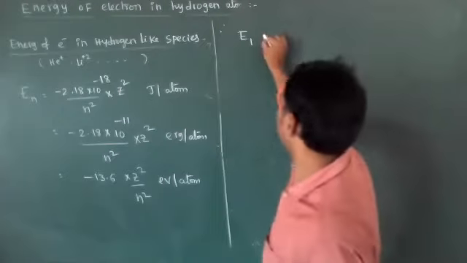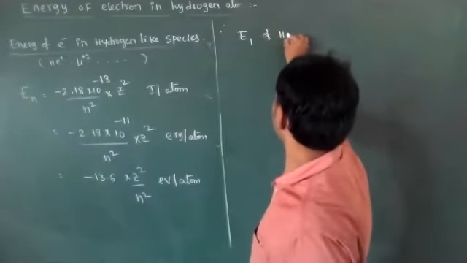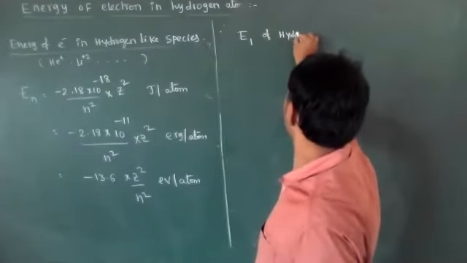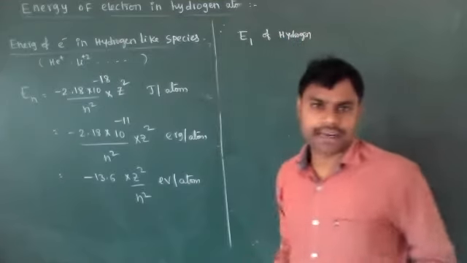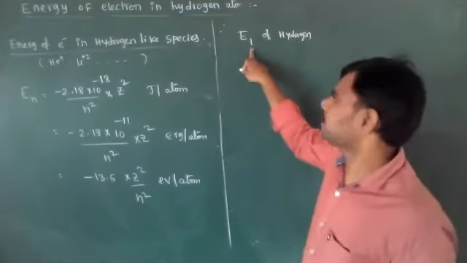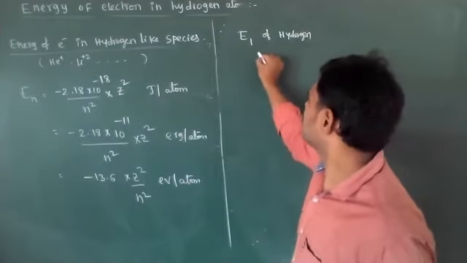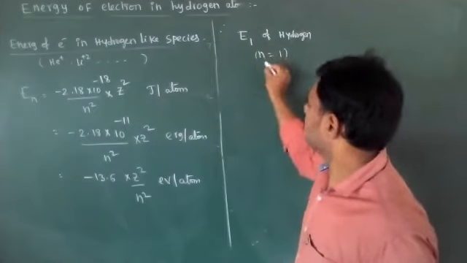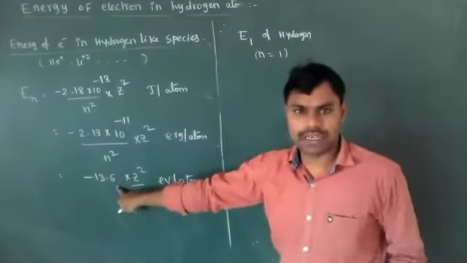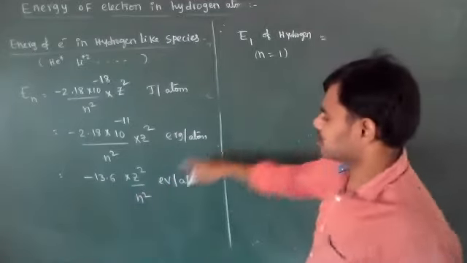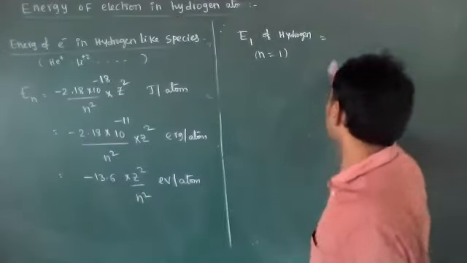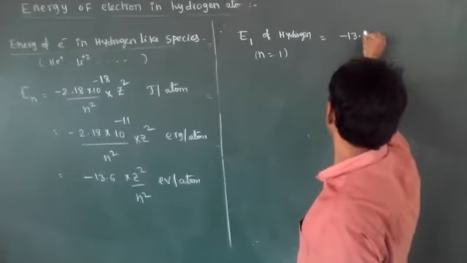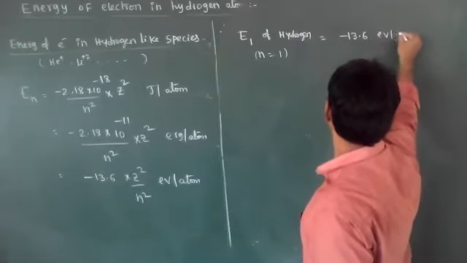E1 of hydrogen: for a hydrogen atom the electron is present in the first orbit, that is n equal to 1. With n equal to 1, 1 square is 1 only, so it is equal to minus 13.6 electron volt per atom.